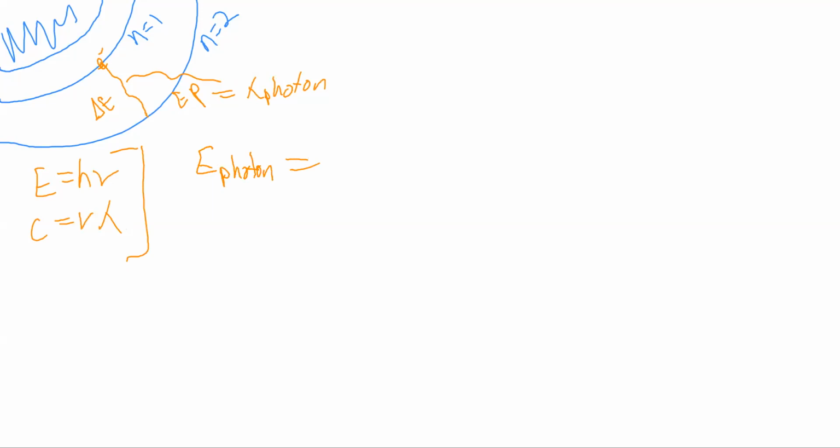Now, if you've forgotten, c is the speed of light, v is our frequency, and this lambda is our wavelength.